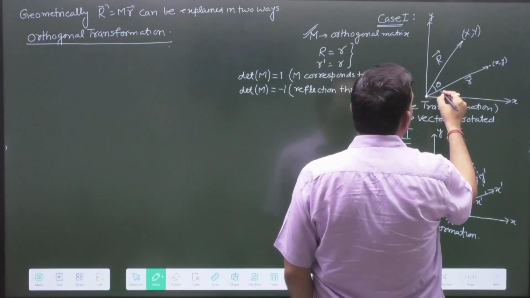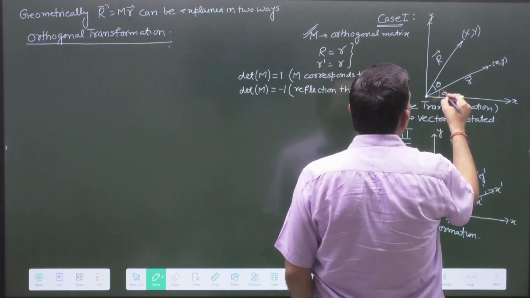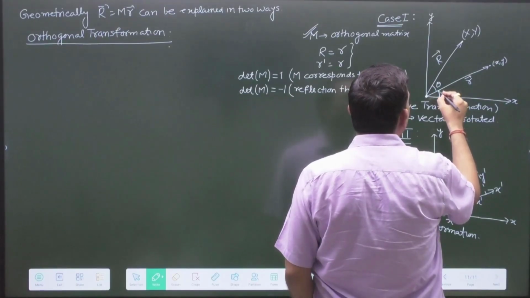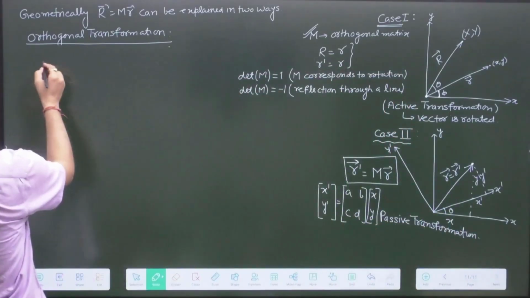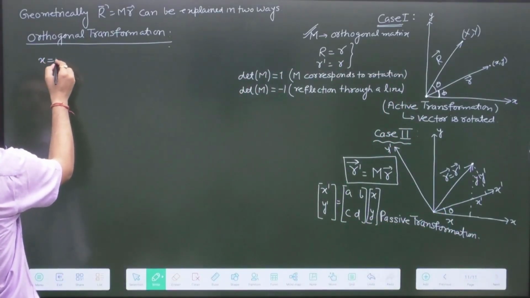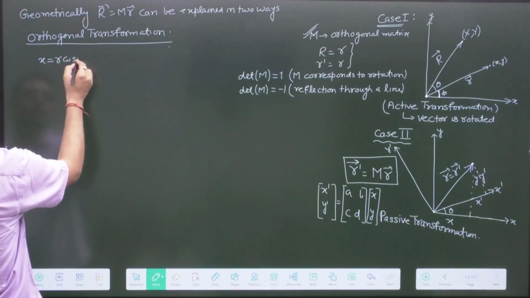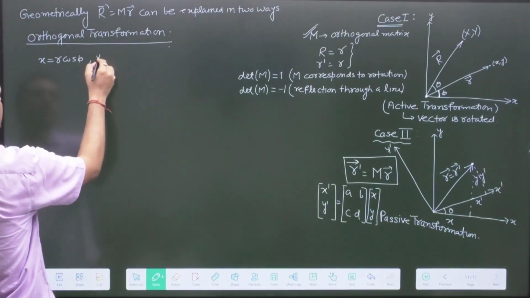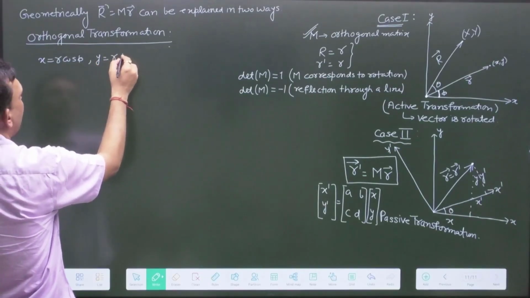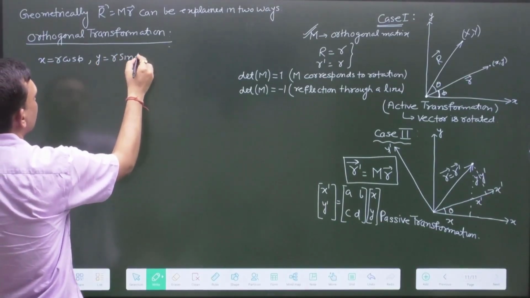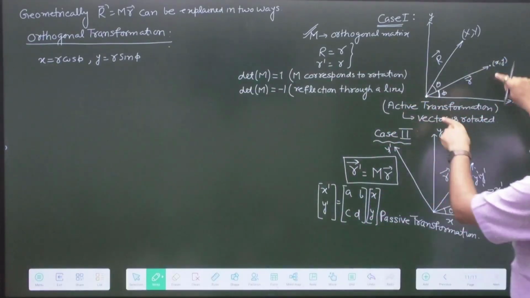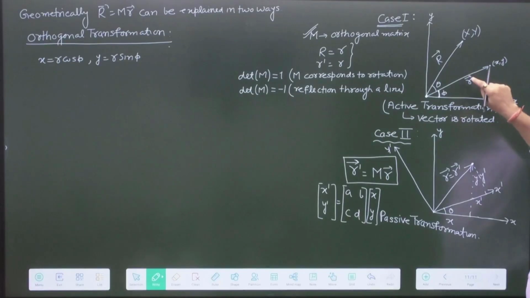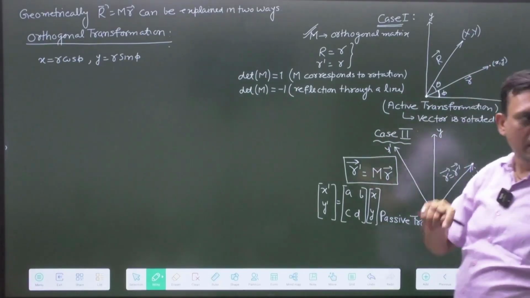Let's assume this angle, I am taking this angle to be phi. So what will be small x? That will be given by r cos phi. And what is small y? That will be r sin phi. This angle is phi. So the component x will be r cos phi and y will be r sin phi.